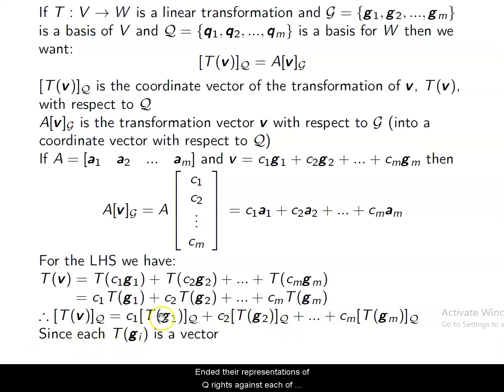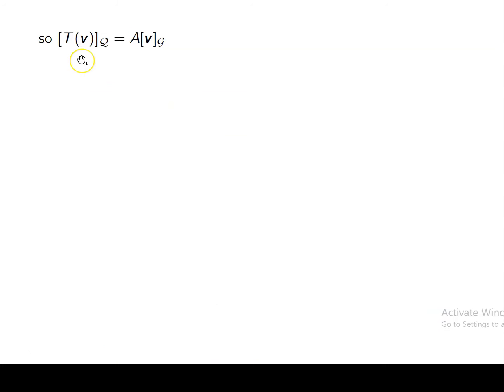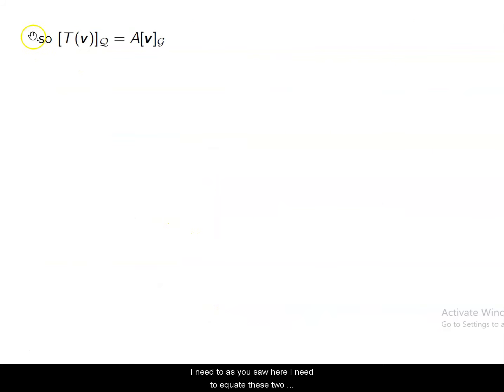So again, since each of these T of G sub i's is a vector, their components are dependent on the linear transformation of G. So writing it in terms of Q, I have to rewrite this now as a linear combination in terms of these basis vectors, which again is not necessary. You can try it out yourself if you want to, but it's not necessary for what we need to do right now.